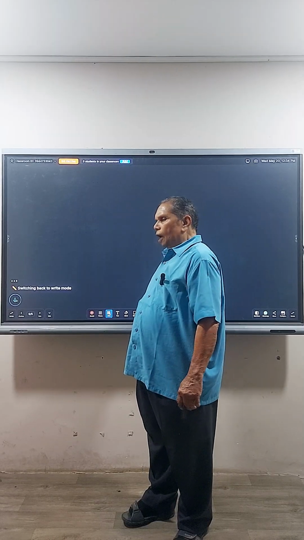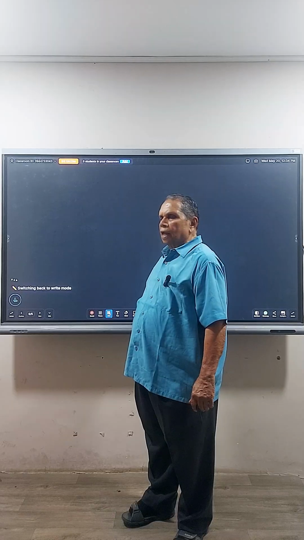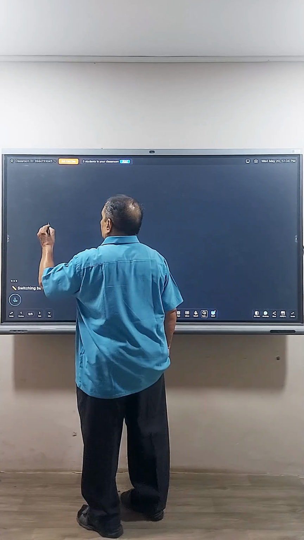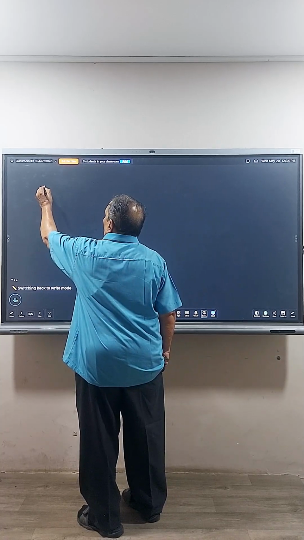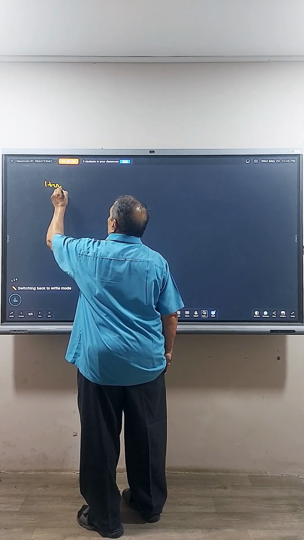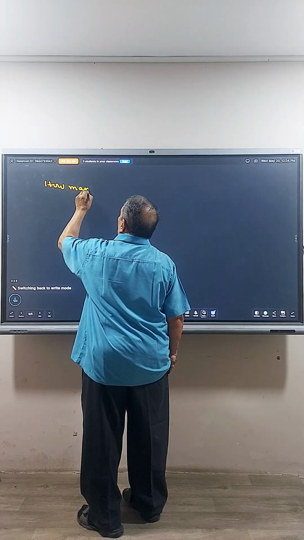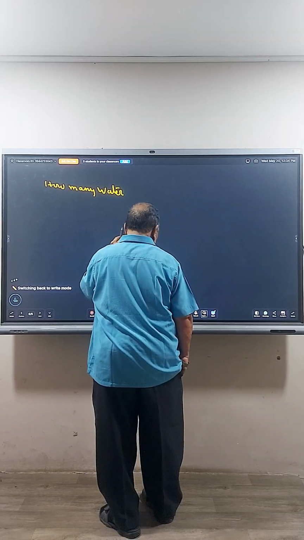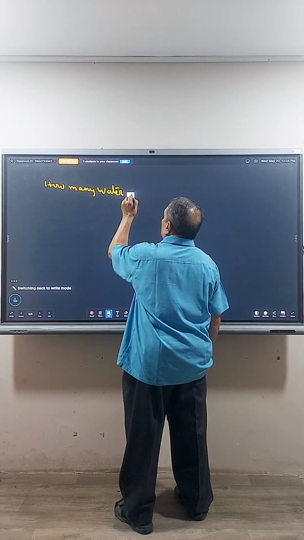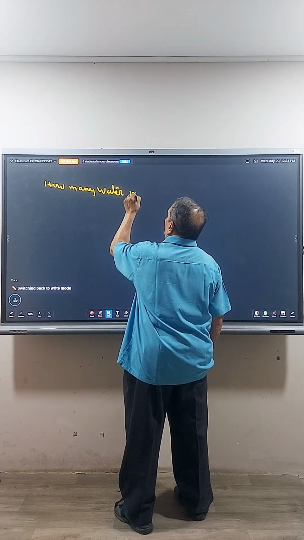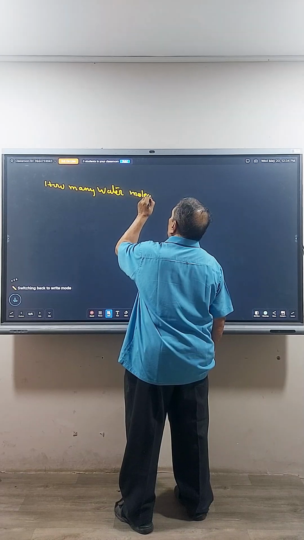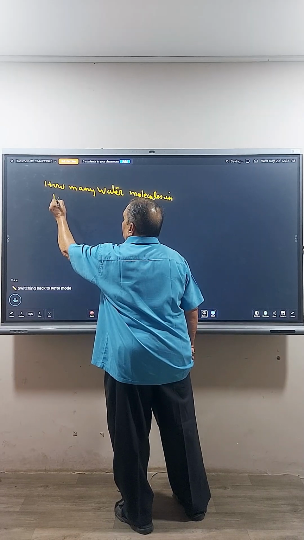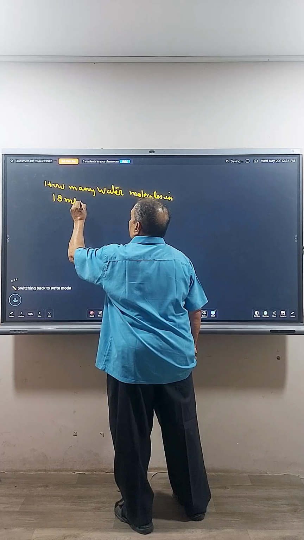The question I remember was asked even 20 years back in IIT Advanced, and people got lost in it. The question asked is: how many water molecules are in 18 ml of water?